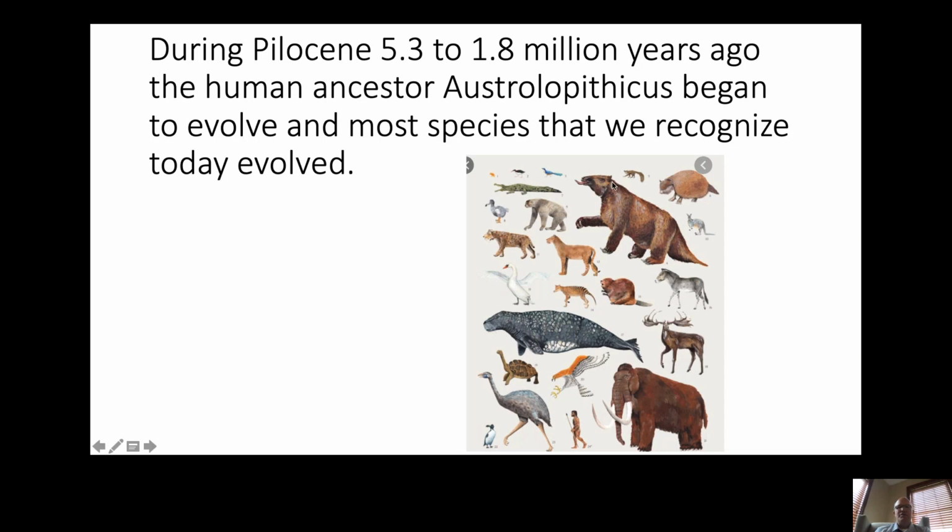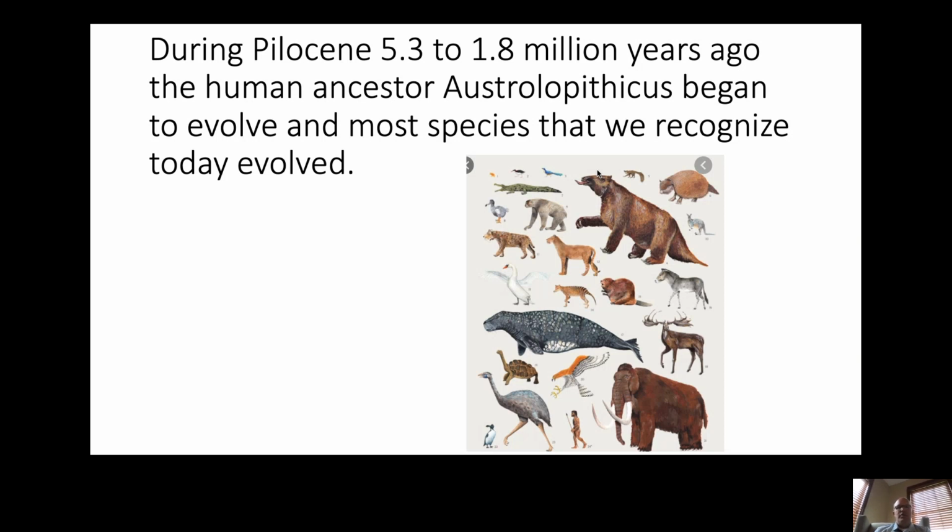Our human ancestor Australopithecus evolved during this time, and Australopithecus walked upright, and may have had the ability to digest grasses, though I'm not sure if they're certain on that. This evolution has occurred, and that becomes the modern humans, what we recognize as the modern animals of the world today.